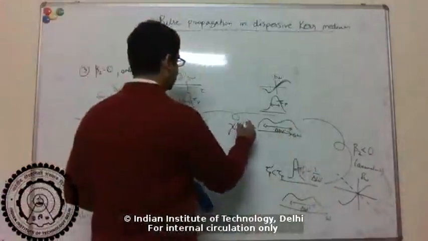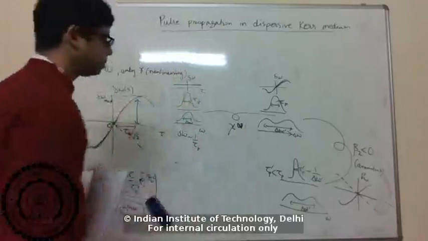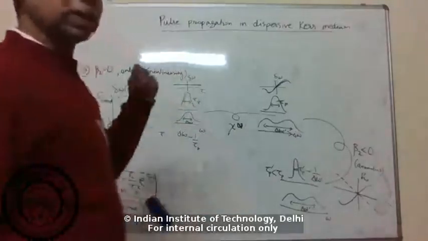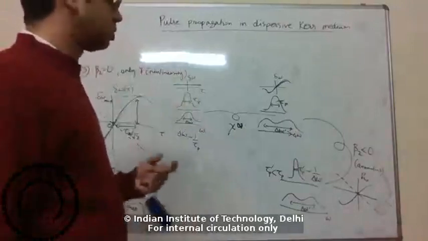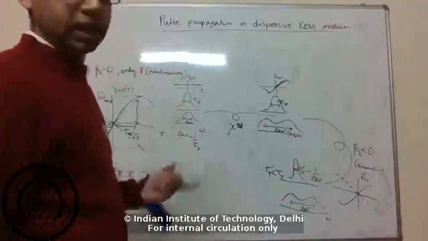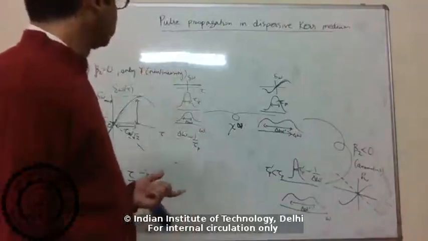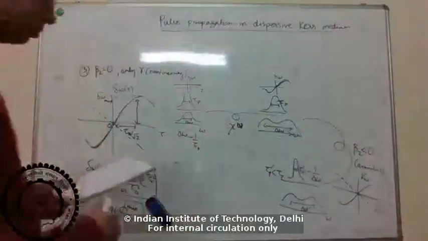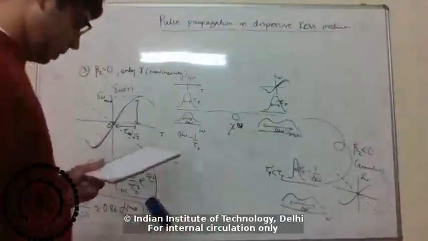Okay, so this technique is used in the construction of ultra short pulse lasers. Right, so there are lasers now which can give you really short pulses, like 10 femtoseconds. So for that you need this kind of compensation, right?